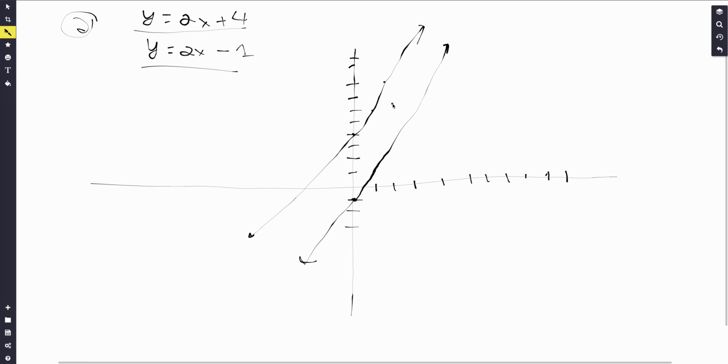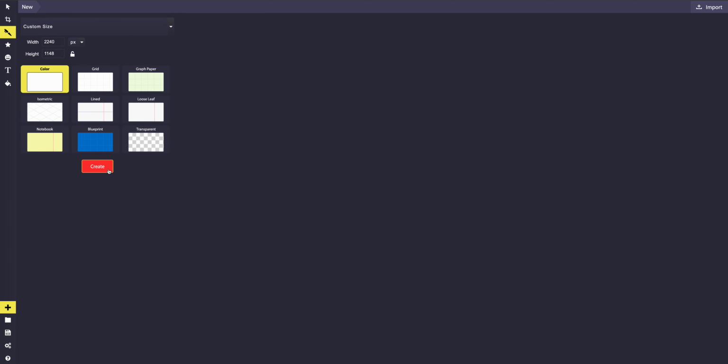And now let's go over our last example for graphs. So our third example will be y is equal to 2x plus 5 and y is equal to 2x plus 5.